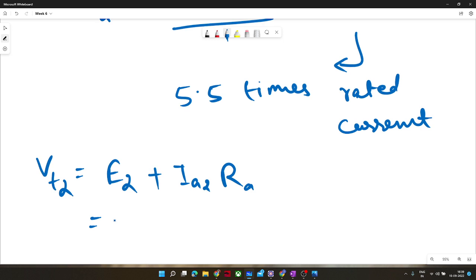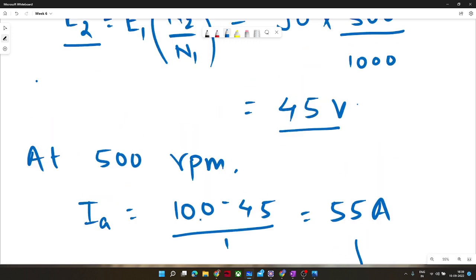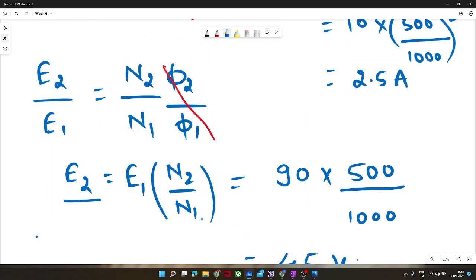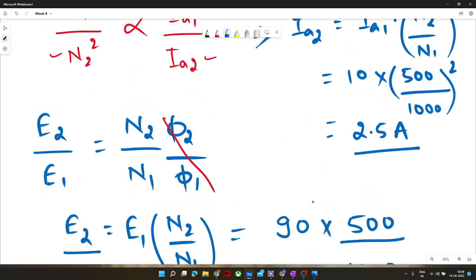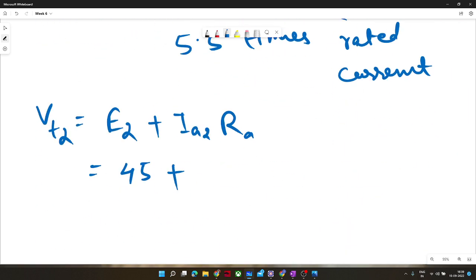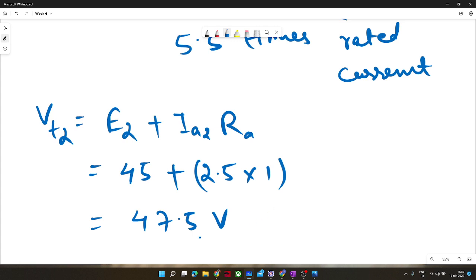And E2 we calculated as 45 volt, plus IA2 we calculated came out to be 2.5 ampere, into 1, which will be equal to 47.5. So this will be your answer, how much armature voltage you can apply.